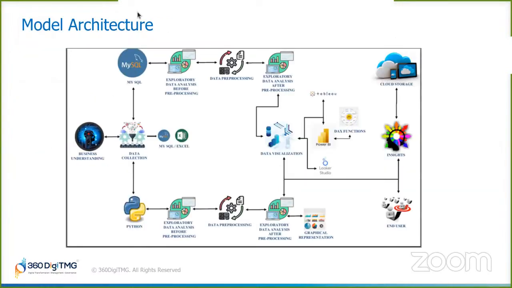So, can you just walk us through the model architecture? Yes, talking about the architecture, we know the steps present while working on a project. First, we have to properly understand our problem statement, like what is the problem that we have, what is the objective that we want to achieve. After successfully understanding all those things, we get into the second phase, which is data collection or data understanding.